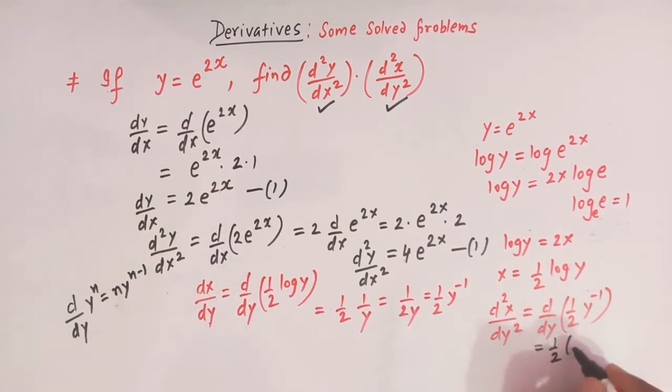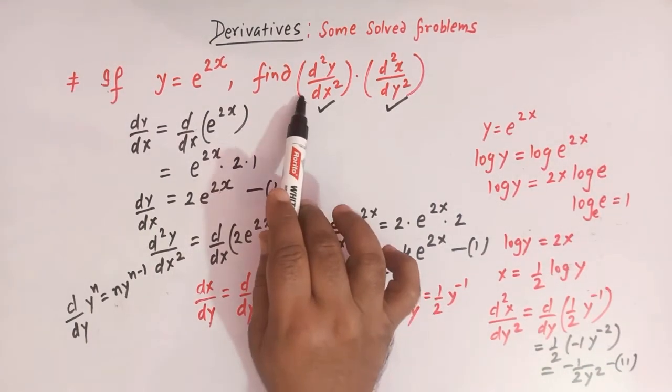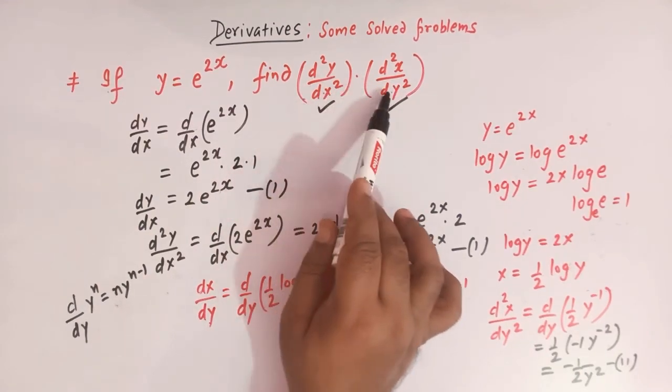So here we have minus 1, then we have y raised to minus 2. So this is minus half y square. Okay, so the second derivative of x with respect to y is minus 1 over 2 times y square. So this is equation number 2, and now we have to find the product of these two terms, right?